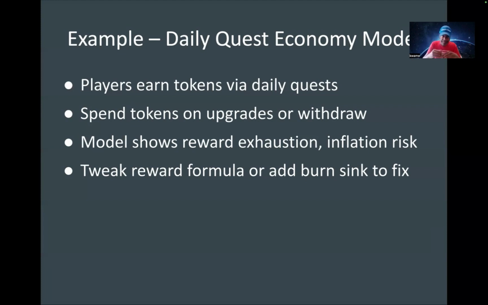What do I mean? Say that our players are earning tokens for doing these daily quests. Now, for them to progress and get, say, more tokens or an enhanced withdrawal of tokens, we want them to spend a bit in order to earn more. So now there's this positive feedback loop for the player.